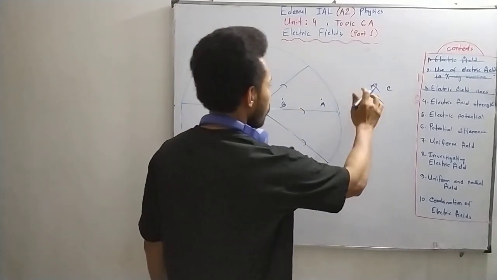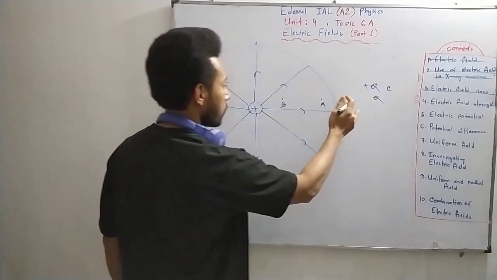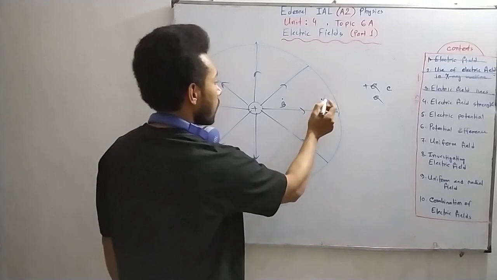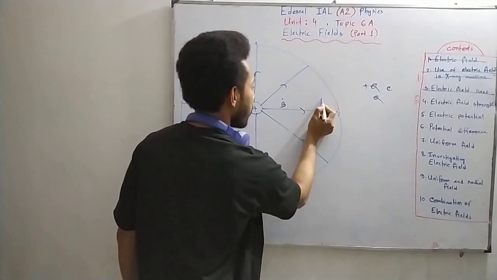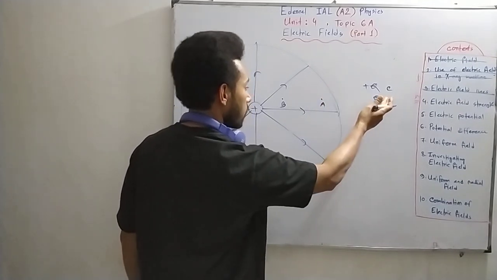If it is plus Q coulomb charge, when you want to bring it to the point A, it will be pushed outwards.